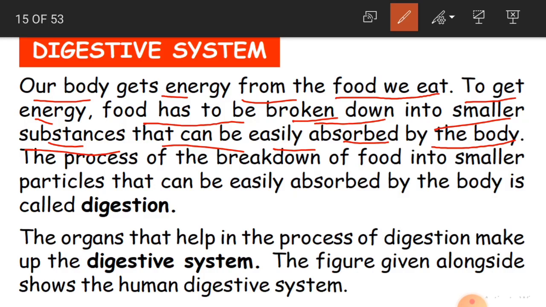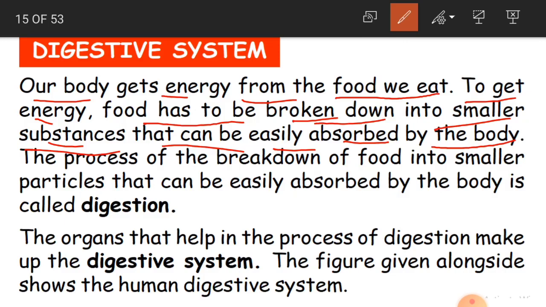You have to bite it, tear it, cut it, make it into small pieces and chew it very nicely with your teeth, and then only it is going to enter your stomach. If that happens, then you will be active. If the food goes into your stomach not as small pieces, then that will harm your body.